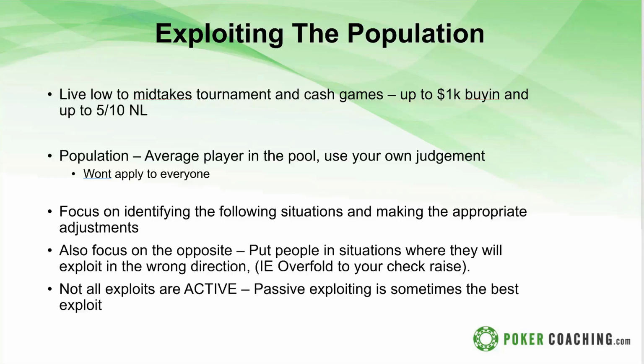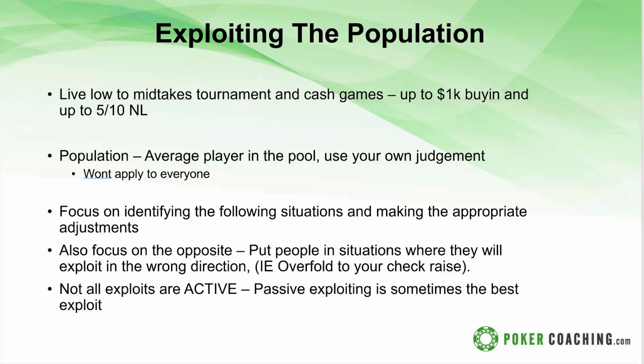Another key thing here is that not all exploits are active. Passive exploiting is sometimes the best exploit. An active exploit would be, we're going to check-raise more. A passive exploit might be, we're just going to check down because the person missed a continuation bet, and we over-realize our equity by seeing an extra turn card or river card.